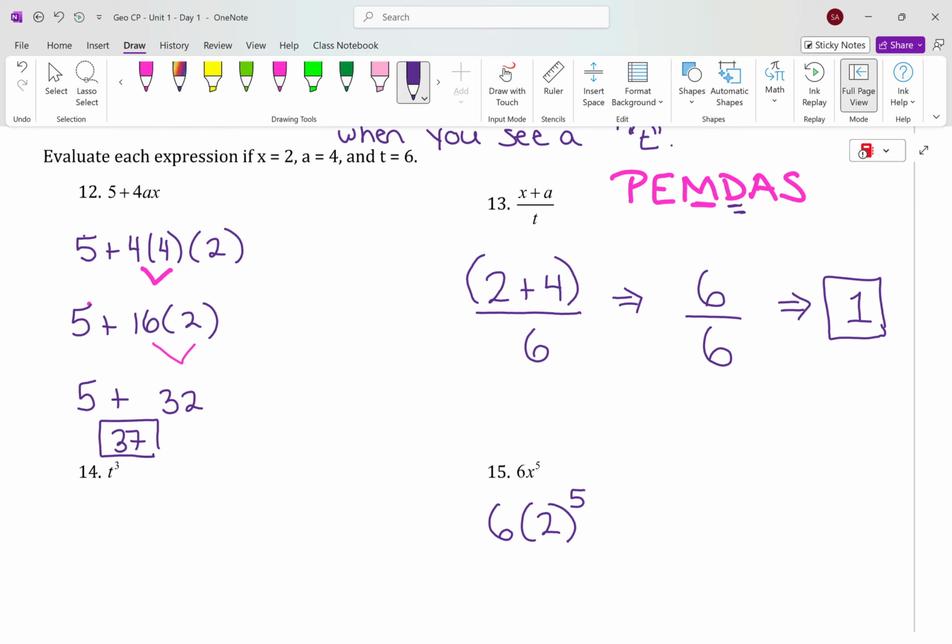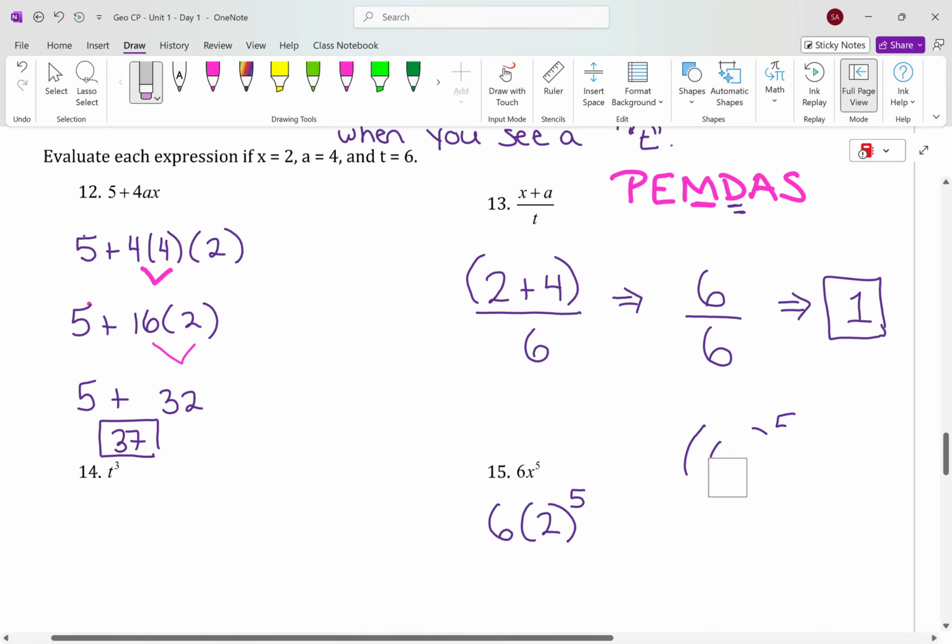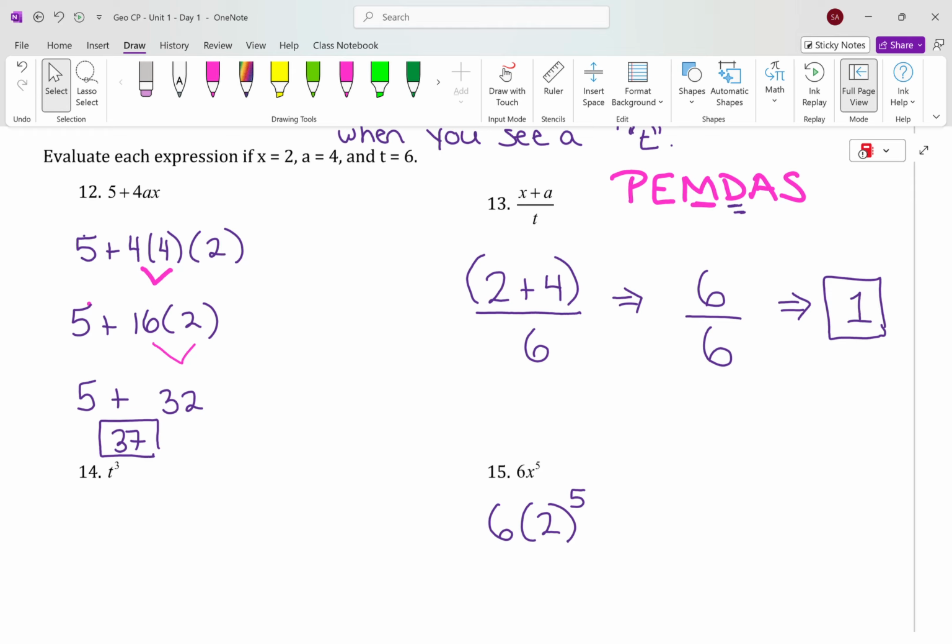If I wanted the x and the 6 raised to the 5th power, it would have to look like this: in parentheses, 6x raised to the 5th power, then the quantity 6x would be raised to the 5th power. But here, that exponent is only on the x. Do you all see the difference? Okay, because that's a very common mistake.